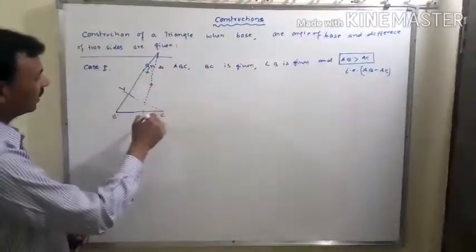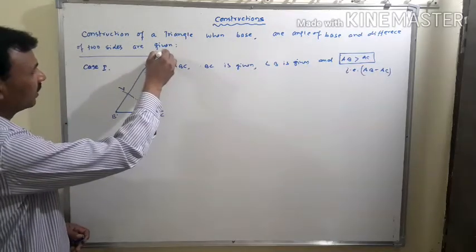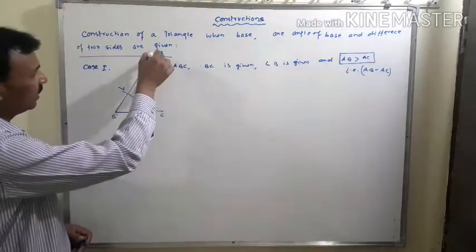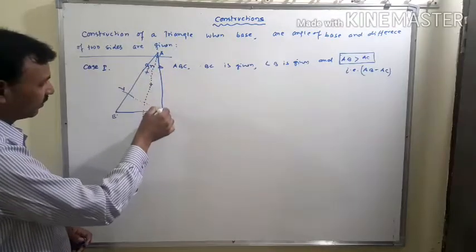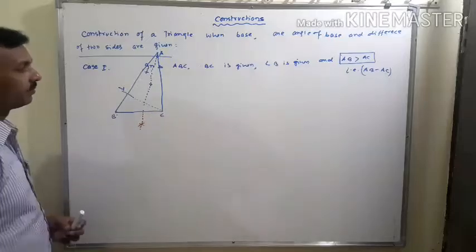BX and this perpendicular bisector cut at point A. Now join A to C. This will be the required triangle ABC.